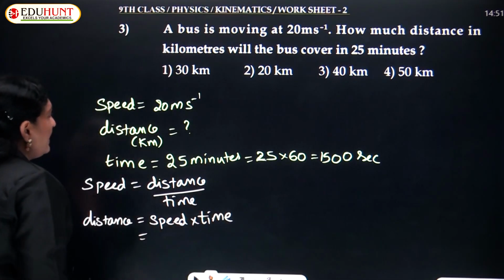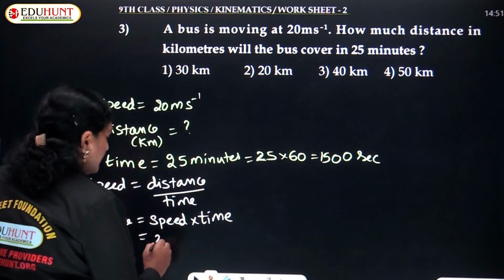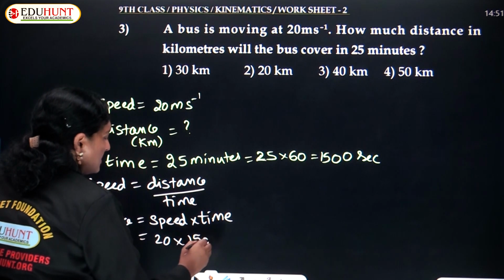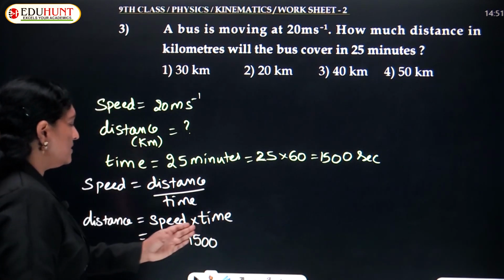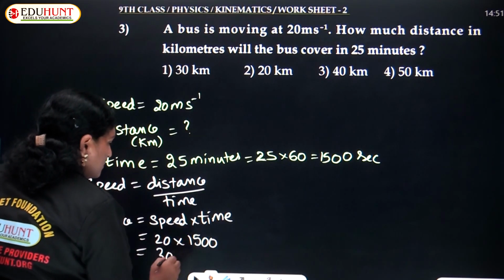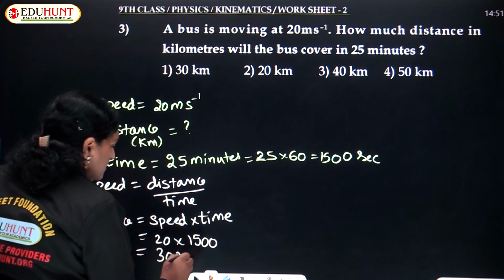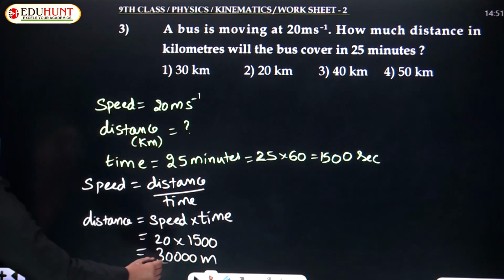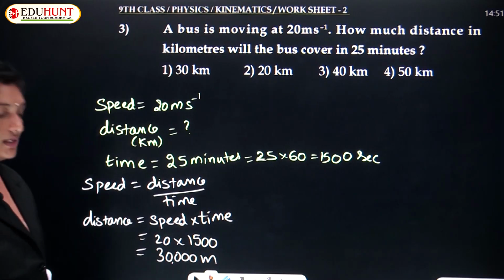So what is the speed they have given? 20 meter per second, and time was given as 1500 seconds. So 20 into 1500 is 15 into 2 is 30 and 3 zeros left over. So this is 30,000 meters. So distance is found to be 30,000 meter.